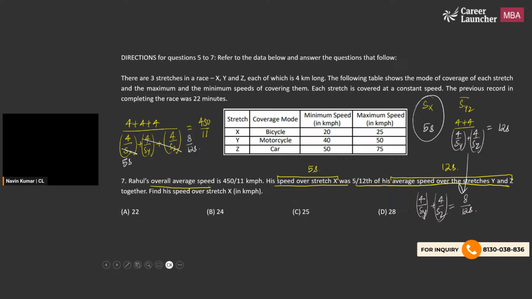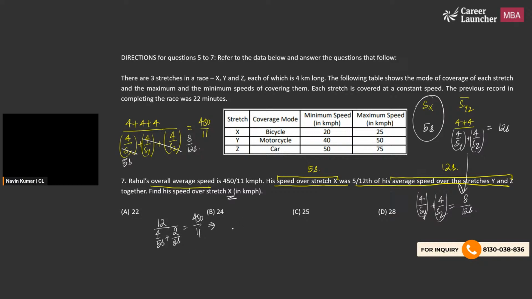From here, we'll be able to get the value of S, and once we get S, we can also calculate 5s. So this is going to be 12 divided by 4 by 5s. S is in the denominator, do remember that. And 8 by 12s: I'm going to simplify it. They both are multiples of 4, so this is going to be 2 by 3s. And this is given as 450 upon 11.